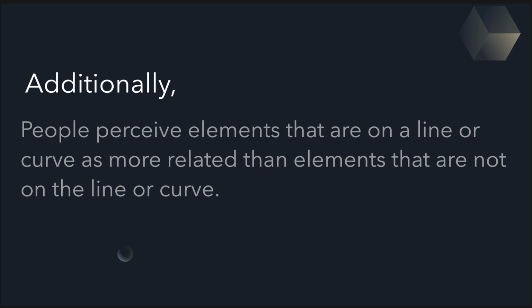So if we have a line and there are three circles along that line, if each circle is just kind of plumb in the middle of that line, then we'll see all those circles as being a part of the line as opposed to being unrelated aspects.